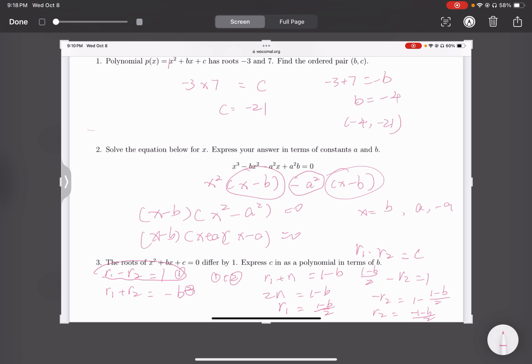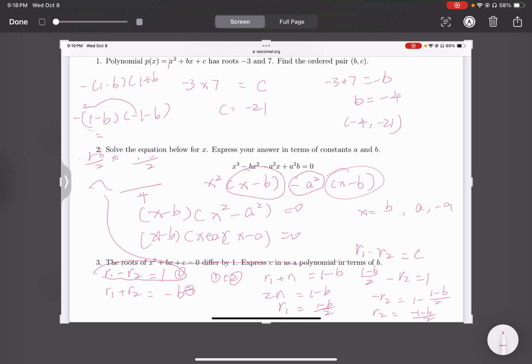All right, so what we have to do next is root 1 times root 2 equals c. So we know root 1 is 1 minus b over 2, and root 2 is negative 1 plus b over 2. So multiplying them together, we get 4 in the denominator, and 1 minus b times negative 1 plus b. We pull the negative out, so it becomes negative 1 minus b times 1 plus b.